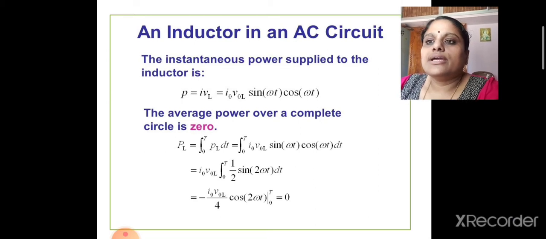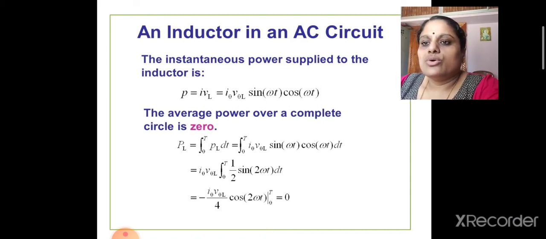Now let us calculate the instantaneous power in the case of an inductor in an AC circuit. Applying the equation for power, P equals VI. Substituting the values, we get PL equals integral of I0 V0 sin omega t cos omega t dt.